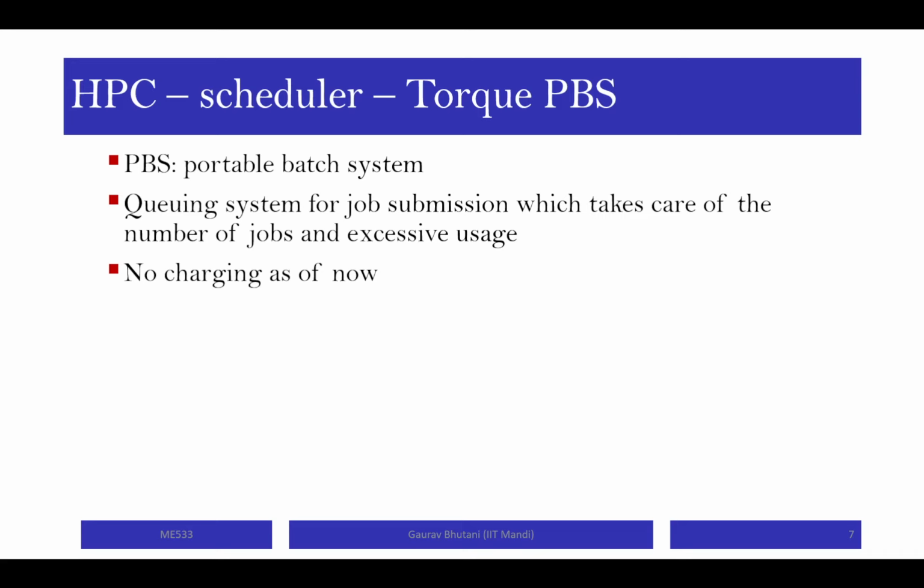Some clusters have a charging mechanism, so you can decide which queue you want to send to. If you send to a queue that has some charges involved, then those charges will be deducted from your quota, because you have a user ID. You have to prepay, or whatever payment mechanism you have, and then those queues are much faster.